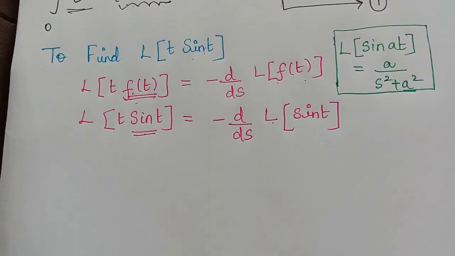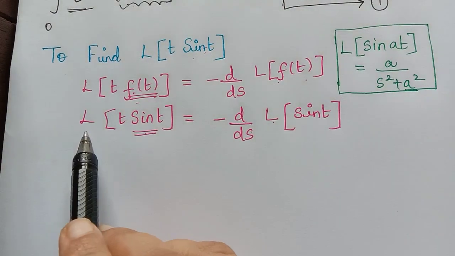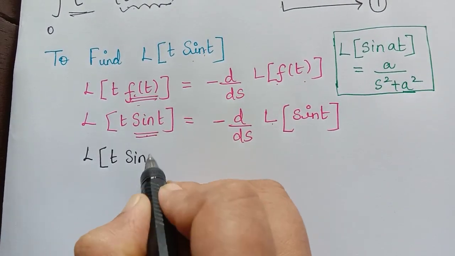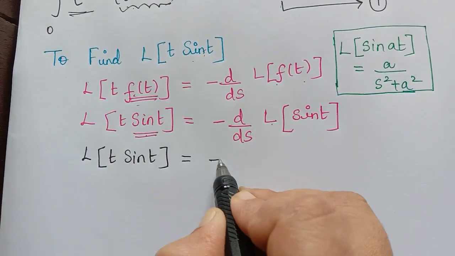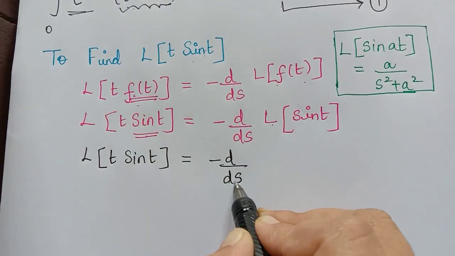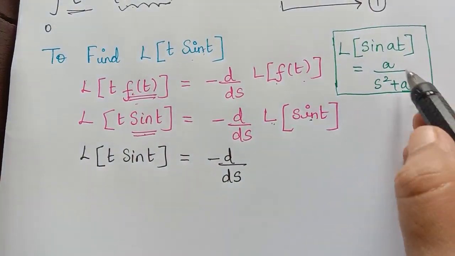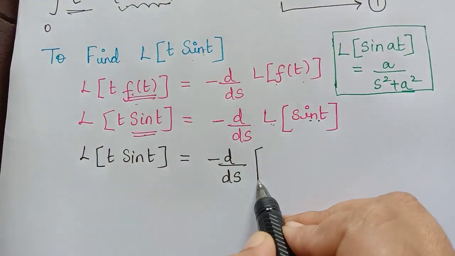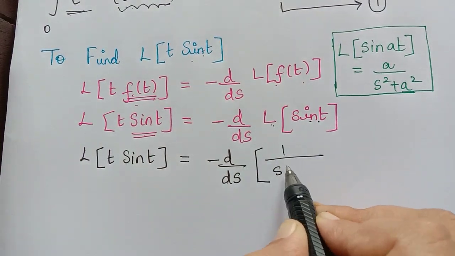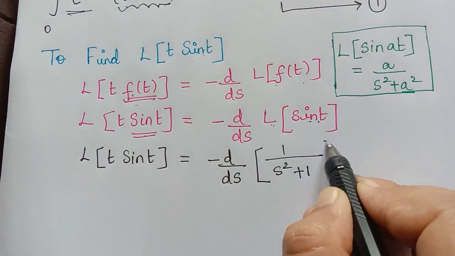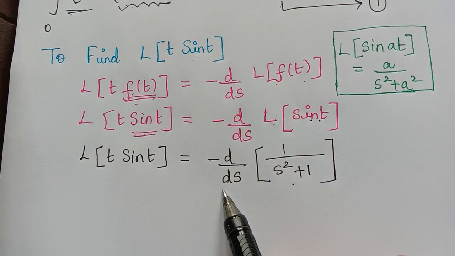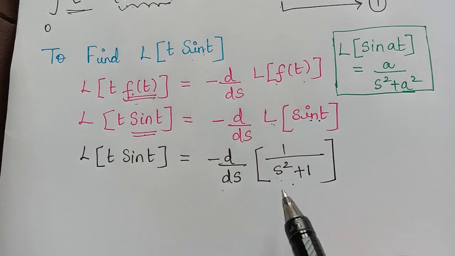So what we obtain is L of t sine t equal to negative d by ds of L of sine t, which can be written with a equal to 1 as 1 divided by s square plus 1 square, which is 1. You can directly differentiate this with respect to s. You can also use the u by v method.